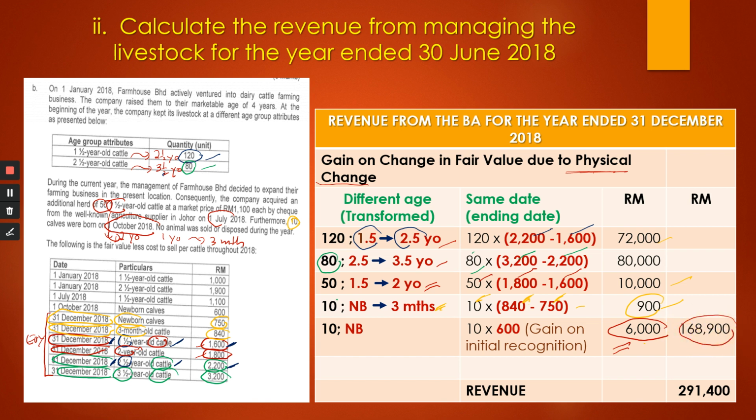So this 168,900 is coming from physical change, and you total it with the one coming from price change, so you will be able to get a revenue of 291,400. These are the revenue coming from gain in fair value changes from both physical and price changes.